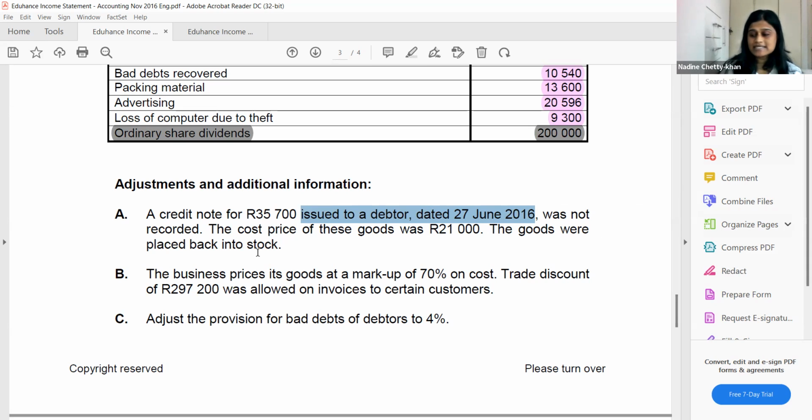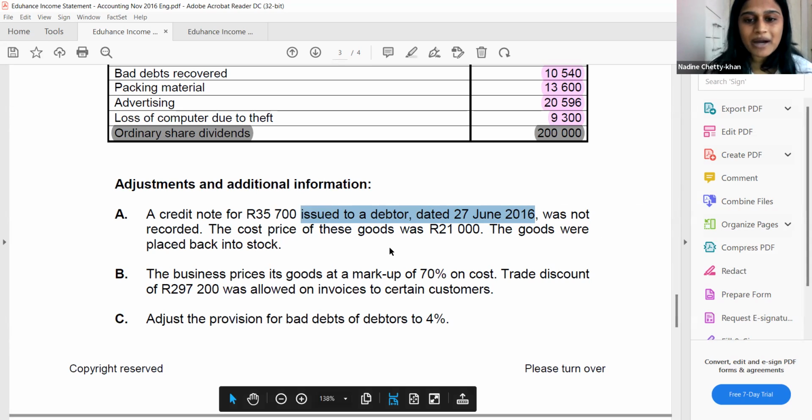So what happened is a debtor returned some stock to us and we issued them a credit note, basically saying that we reduced the amount that they owe us by 35,700. So by issuing a credit note, what we must do is think about the original transaction.